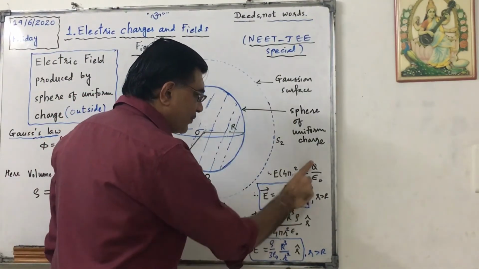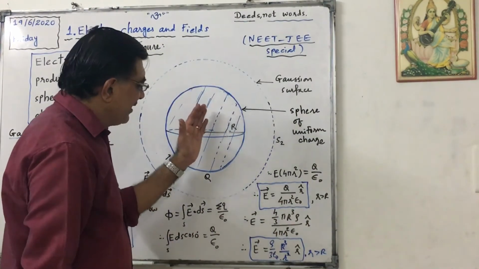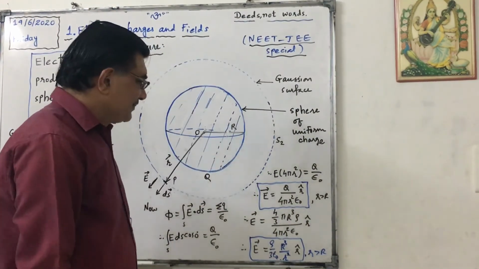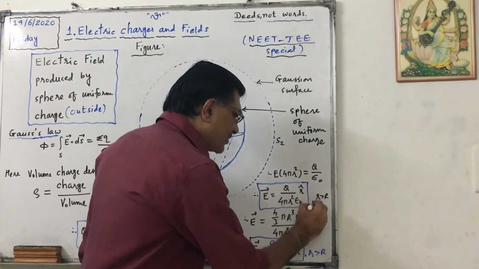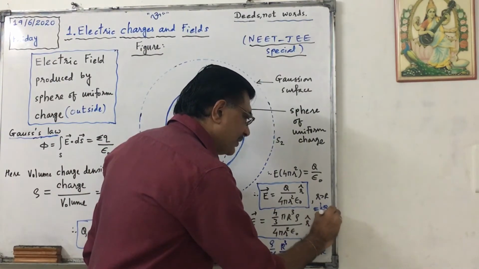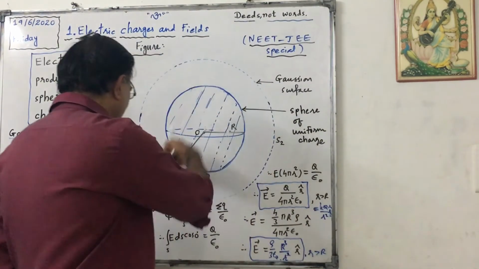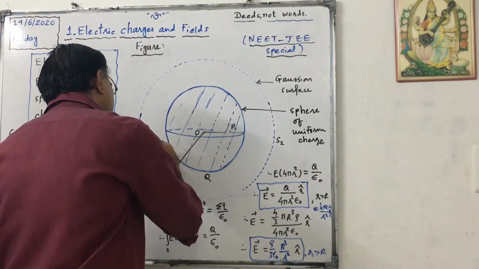So E will be equal to Q upon 4 pi r square epsilon naught into r cap, for r greater than capital R. It is just like kQ by r square, we can say. And to show the direction, it is r cap, the unit vector in this direction.